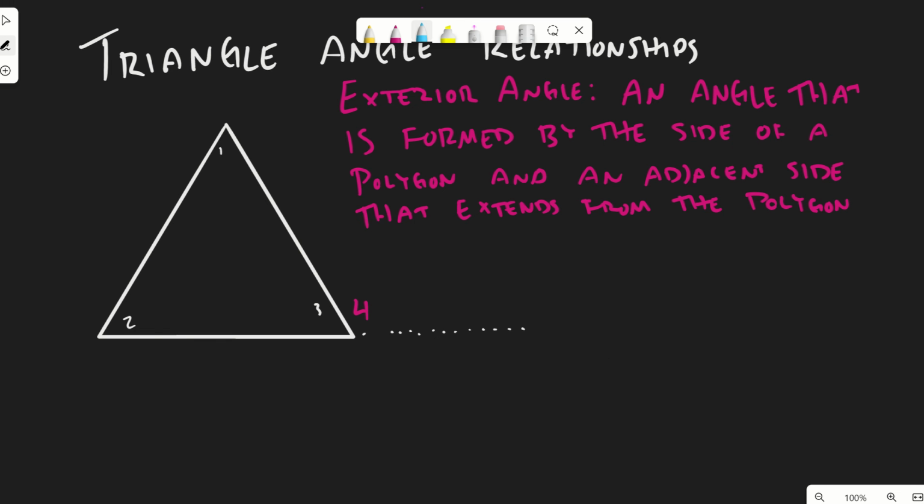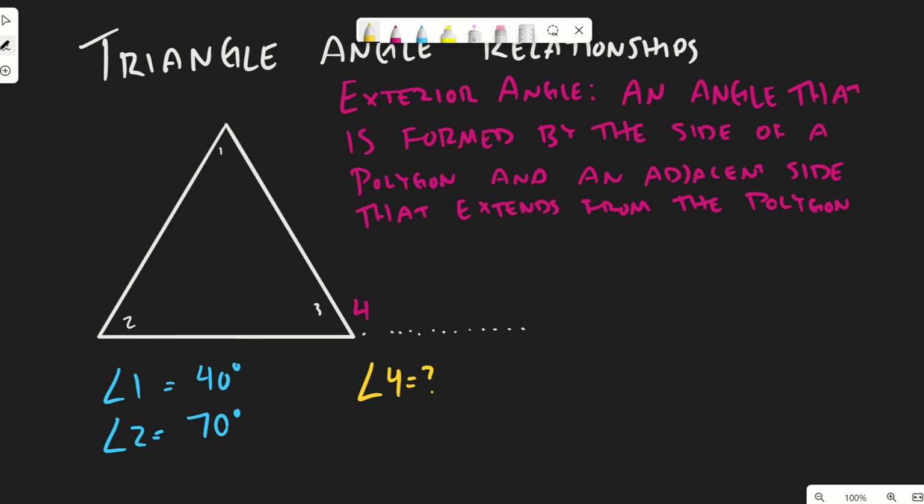Let's say I have a shape that looks like this, and I know angle 1 is 40 degrees and angle 2 is 70 degrees, and I want to know how many degrees angle 4 is.